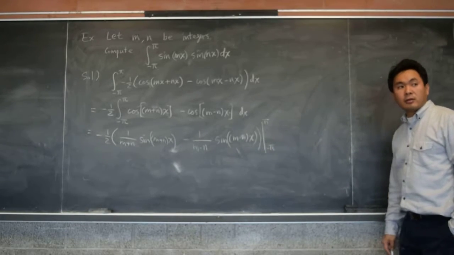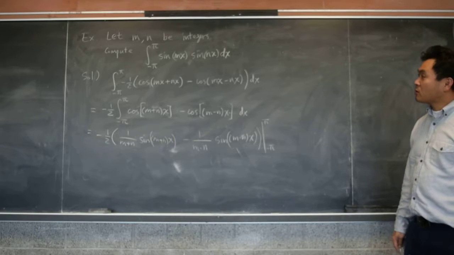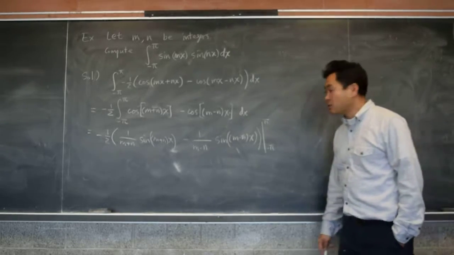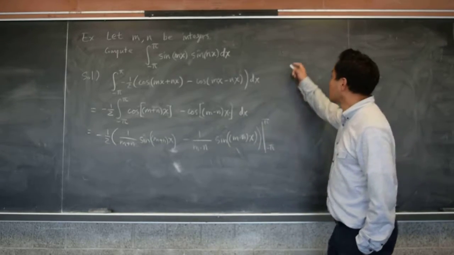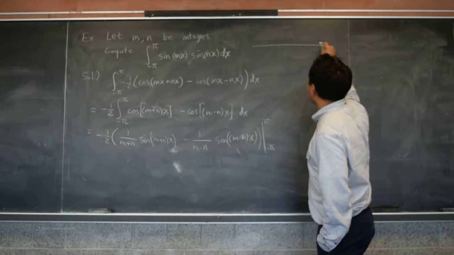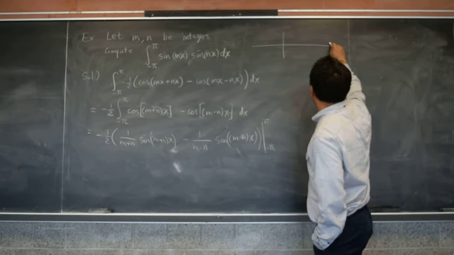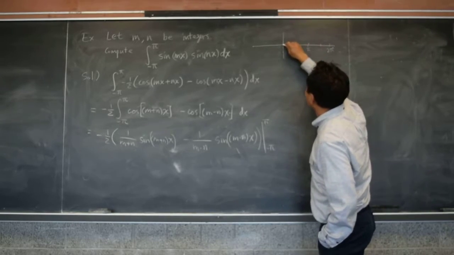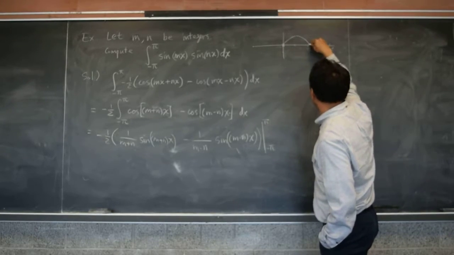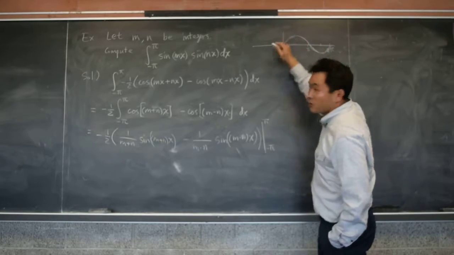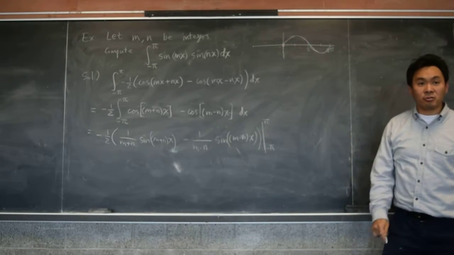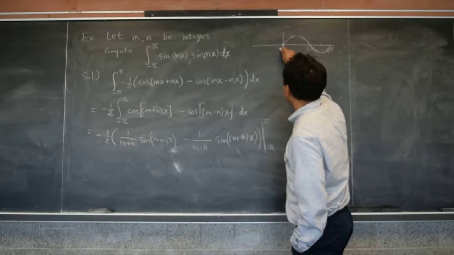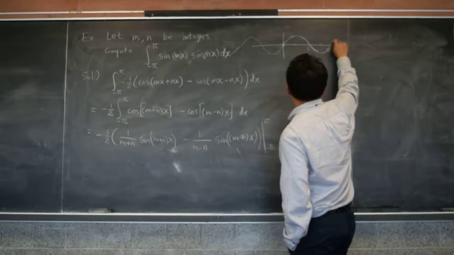Now you might wonder where we use the property that m and n are integers. This is the place where we use it. If you look at the sine graph, here's pi, 2 pi, and it goes from 0, up, 0, down. That's one period, but it's a periodic function, so this should extend left and right.